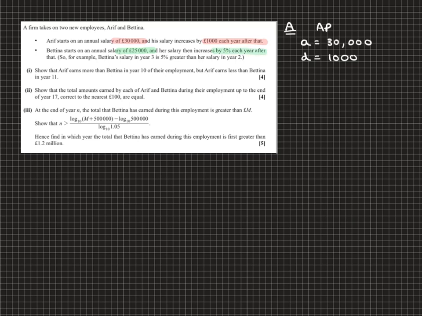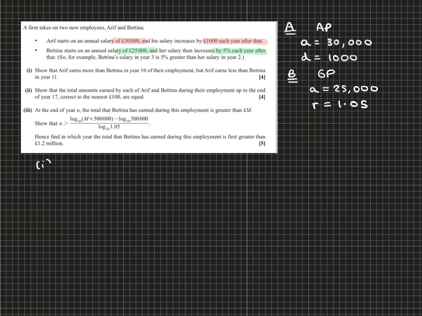So that straight away tells us that Bettina is working on a geometric progression salary. Her first term is £25,000 and her common ratio is an increase of 5%, which means the common ratio is 1.05 as a percentage multiplier.